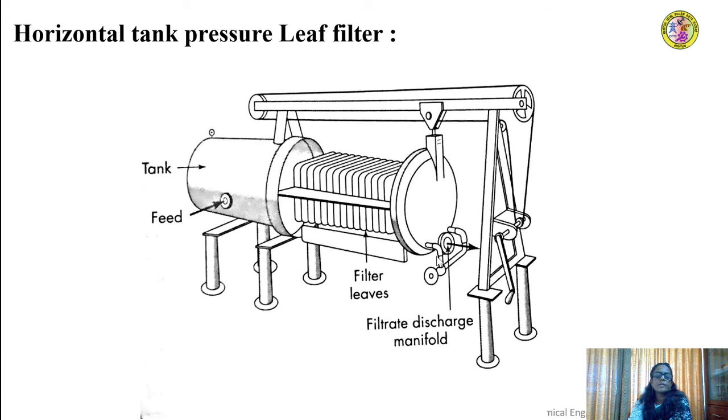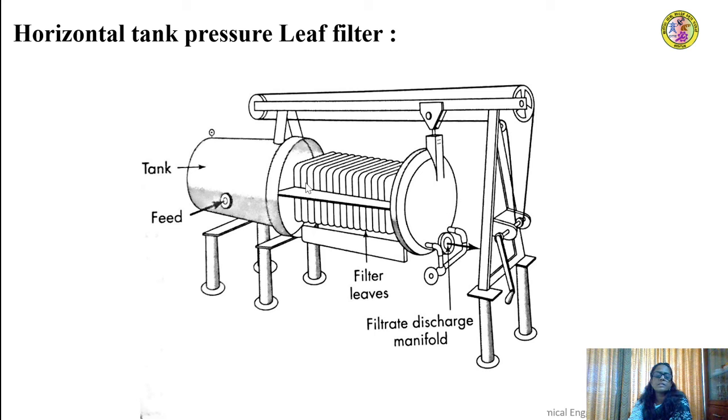So this is a leaf filter that can be designed for industrial operation. You can see that there is a horizontal shell and a number of leaves fitted to the outer covering that can be pushed inside and outside of the shell.